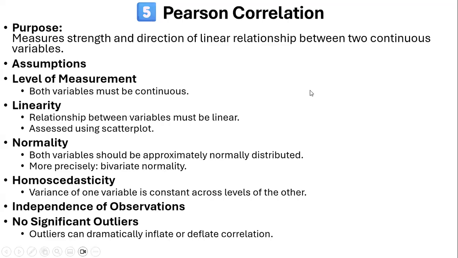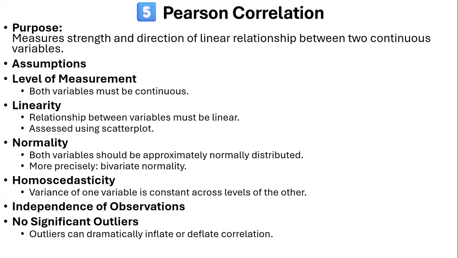Correlation. We normally subscribe to correlation whenever the intention is to verify whether an increase in one variable or one construct may result in either an increase or a decrease in another.